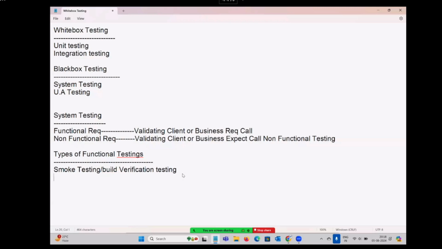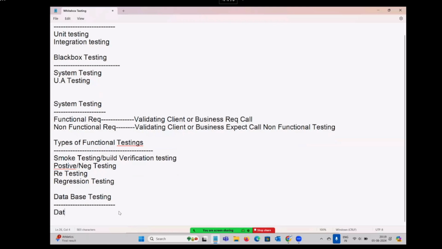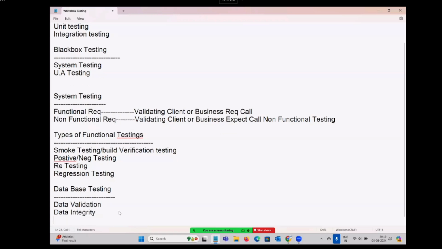Next, positive and negative testing, retesting, regression testing, database testing, data validation, data integrity, data volume testing.